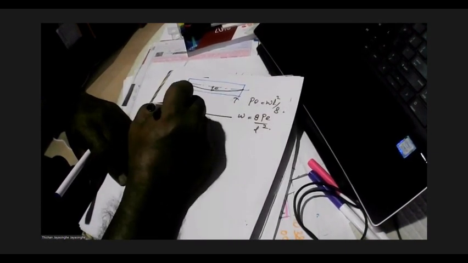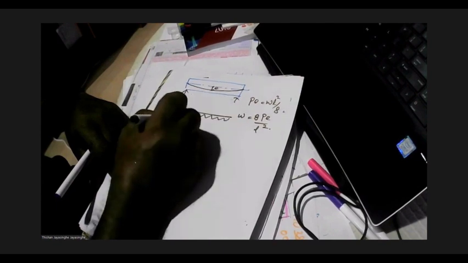So this is going to apply a load from below, an upward load like that.